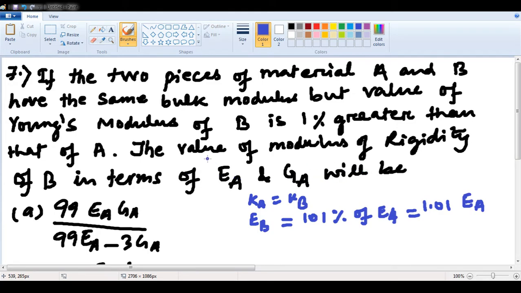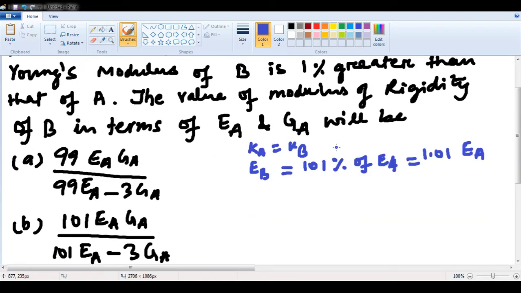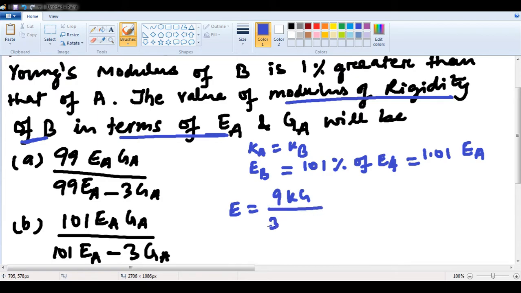So the question is asking the value of modulus of rigidity, that is G, for B and A. So what we can do is, we know E is equal to 2G(1 plus mu), 3K(1 minus 2 mu), and E equals 9KG by 3K plus G. So here I'll convert things in terms of K as well.